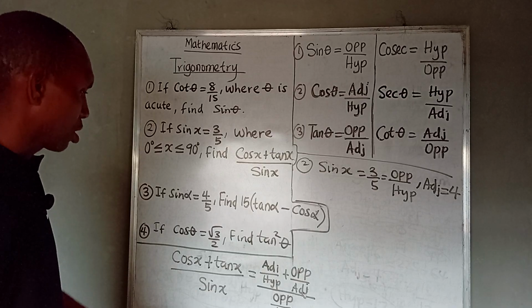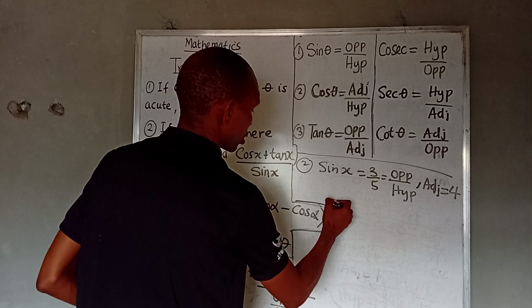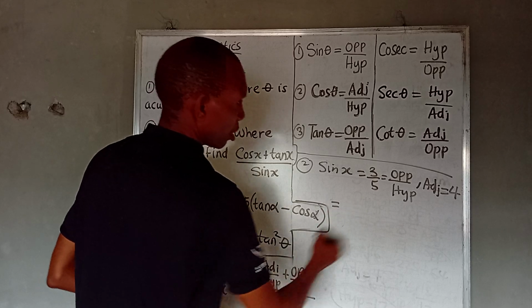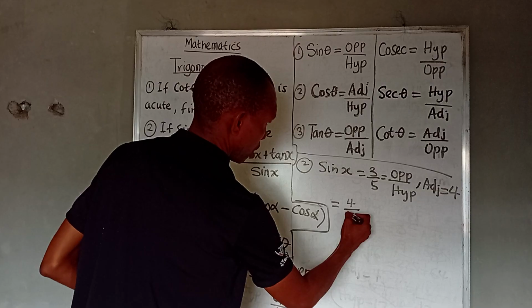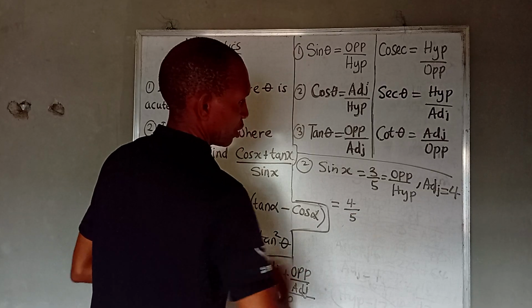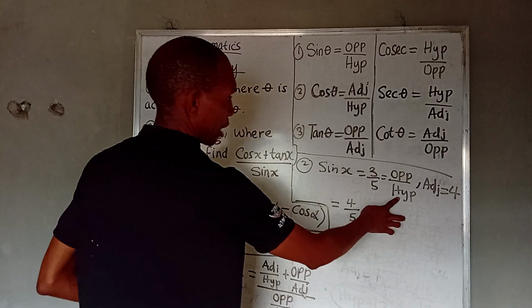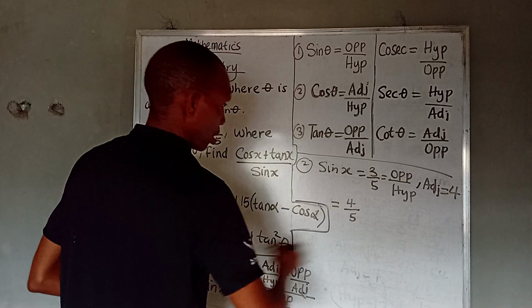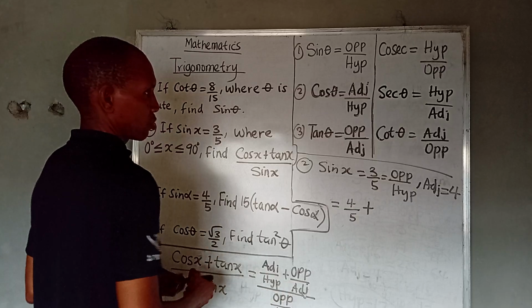So let's substitute. Adjacent over hypotenuse therefore means 4 all over 5, because the adjacent is 4, I beg your pardon, and the hypotenuse is 5. Plus, we need the opposite over adjacent. What is the opposite?